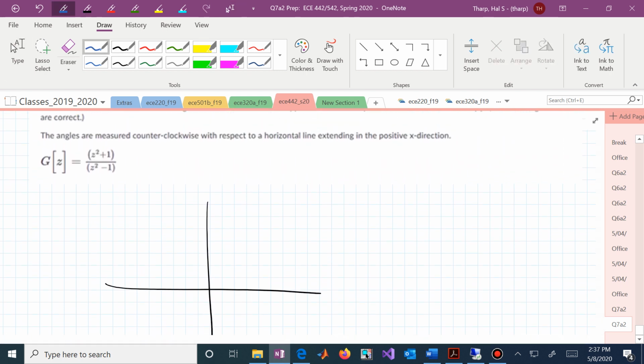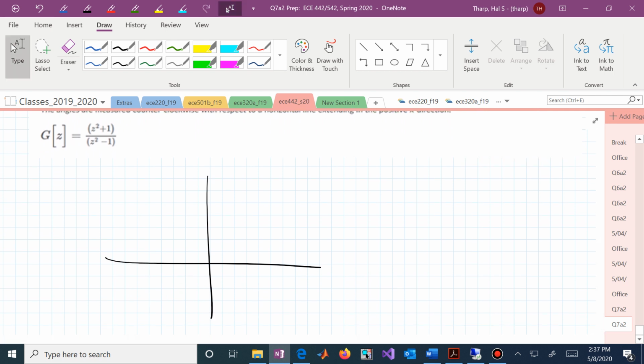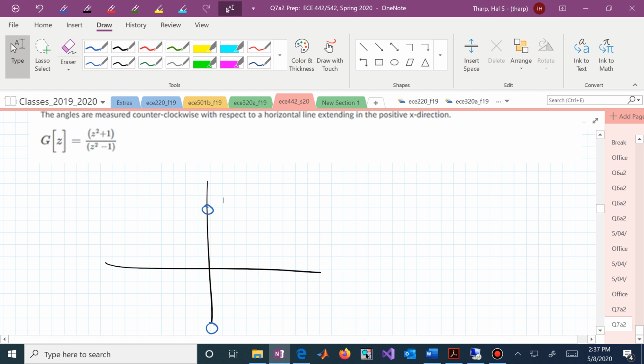If you do the factorization, the numerator has roots at plus and minus j. Maybe I won't even label those, my diagram will get too busy. We have zeros at plus and minus j. We have poles because of the factoring of the denominator at plus 1 and minus 1.